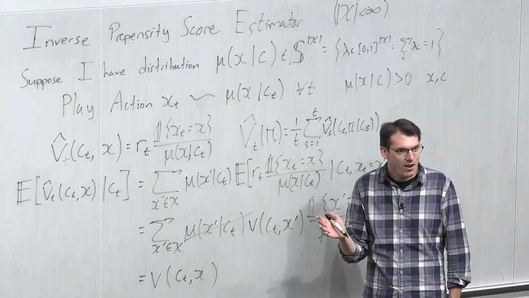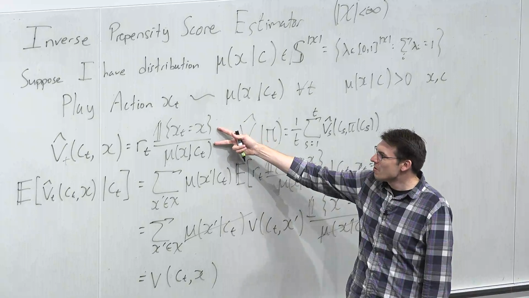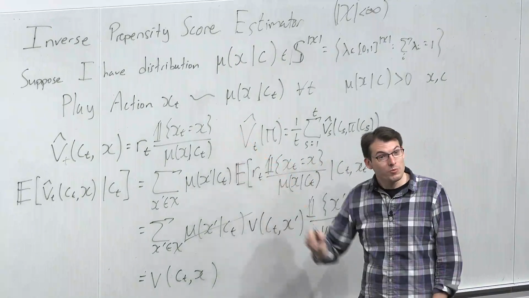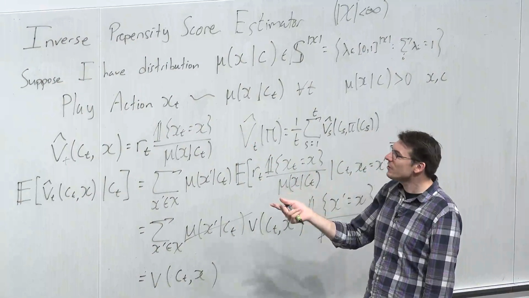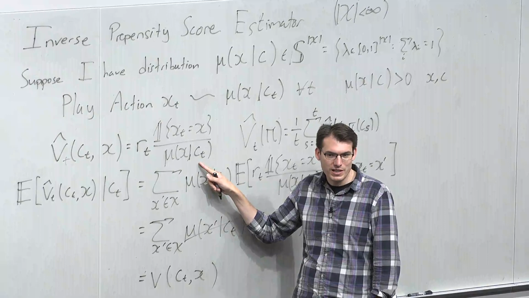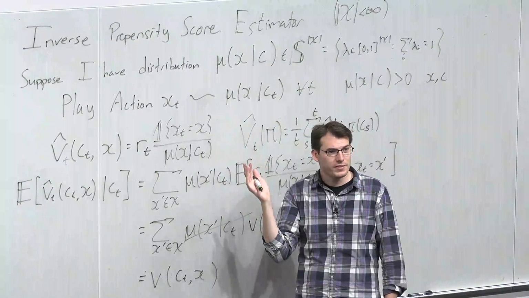However, what was pointed out was that, wait a second, this is going to be 0 for all x not equal to x_t, which seems weird. And then when x is equal to x_t, I'm boosting it by this probability mu, which is going to be less than 1, so 1 over that number could be massive.